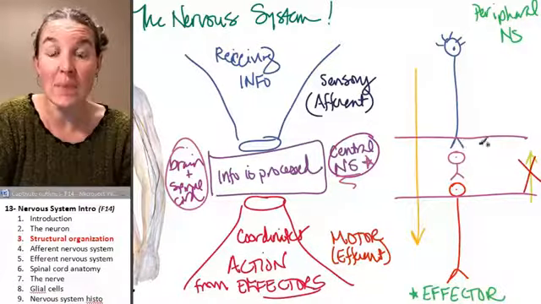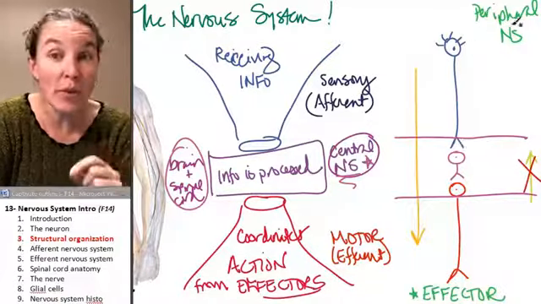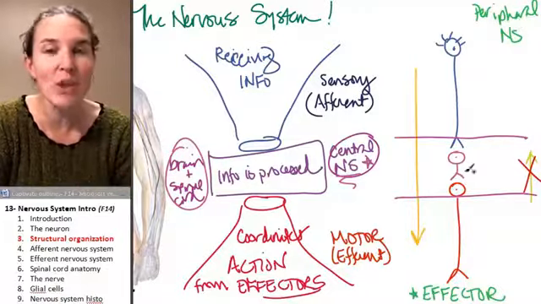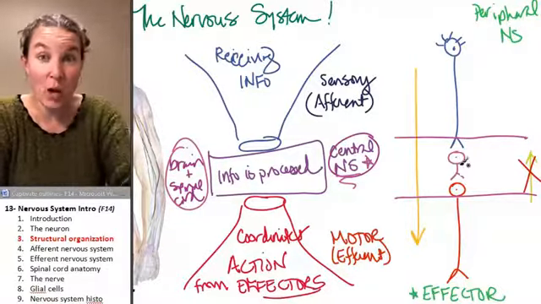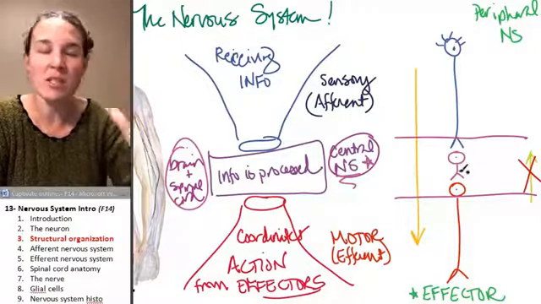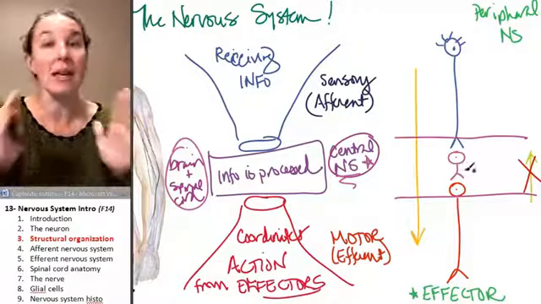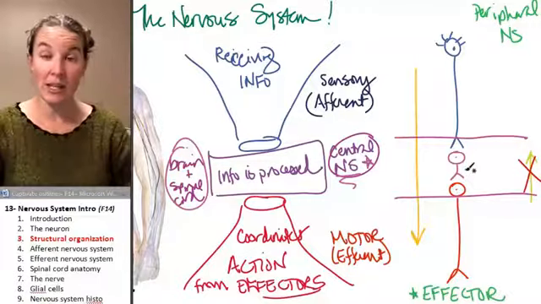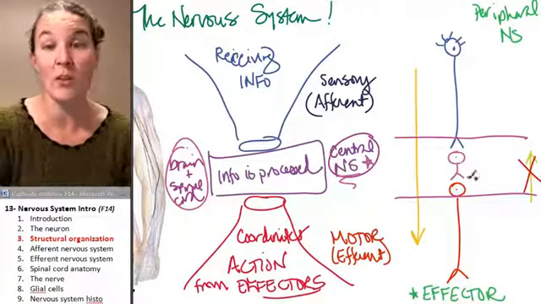These neurons are still peripheral nervous system neurons, even though they do have parts that come into the brain or the spinal cord. They're still considered peripheral unless they're entirely inside the brain or the spinal cord.